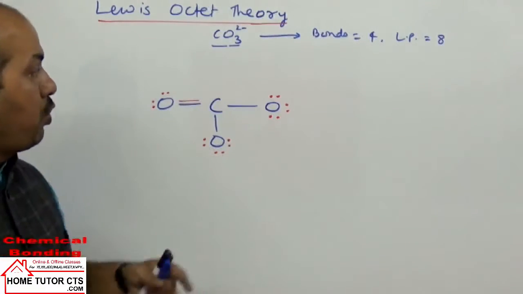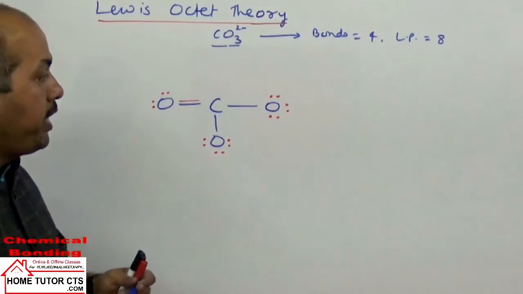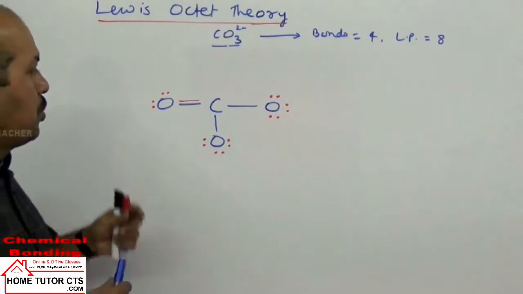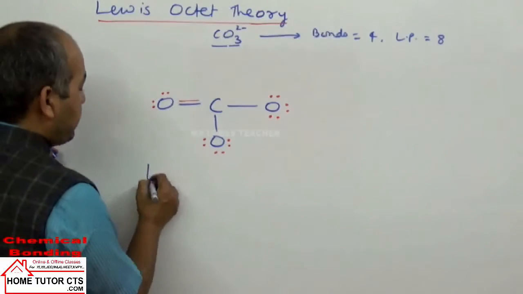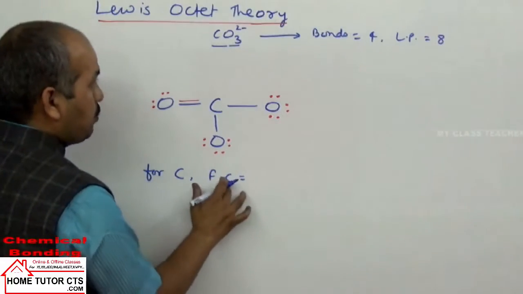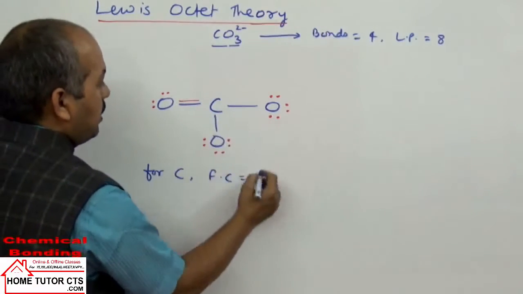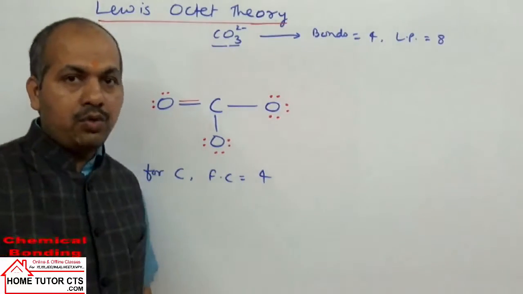Now after placing lone pairs and bond pairs around the central atom, we calculate the formal charge. So how do we find the formal charge for each atom? Taking carbon first, FC is formal charge. Carbon's number of valence electrons is 4. The formula was already given to you.